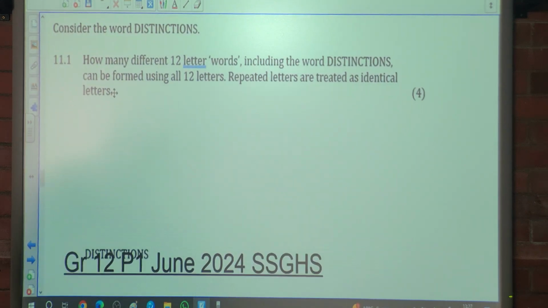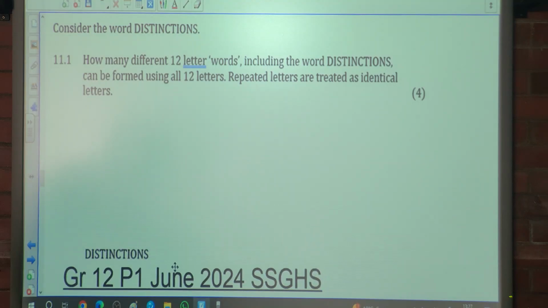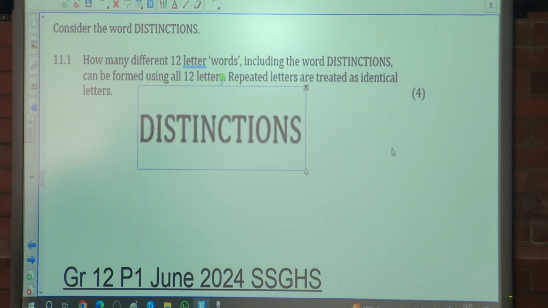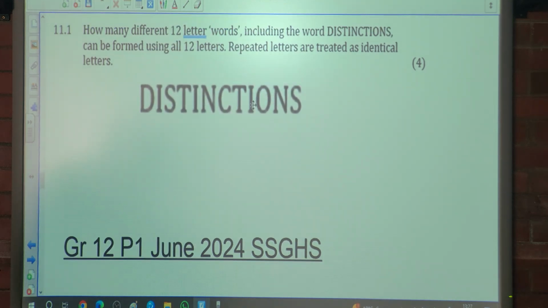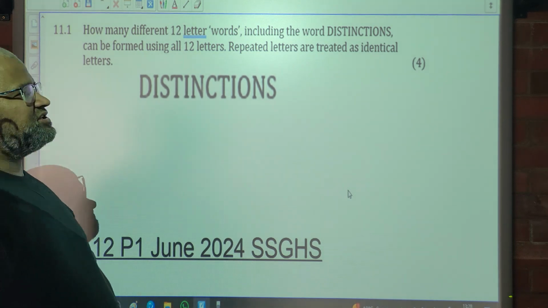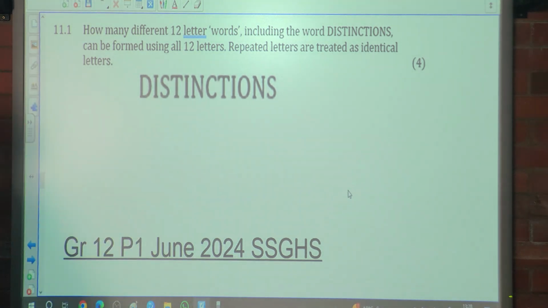Consider the word distinctions. How many 12 letter words, including the word distinctions, can be formed using all 12 letters? Repeated letters are treated as identical letters. So if that is the case, what do we know?